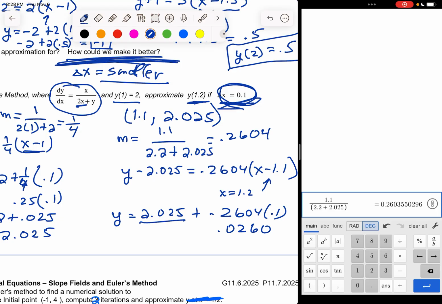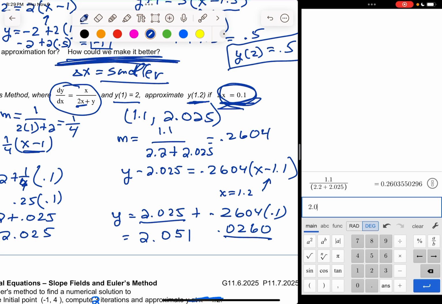And yes, you could use a calculator, but if I add those together, I believe we get 2.051. If you don't believe me, 2.025 plus 0.026 is 2.051.